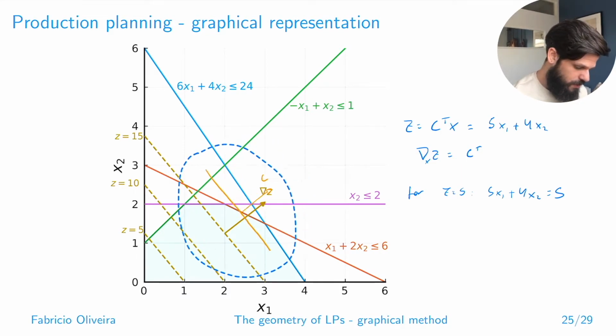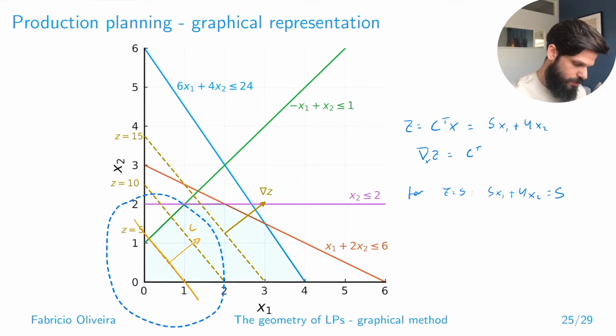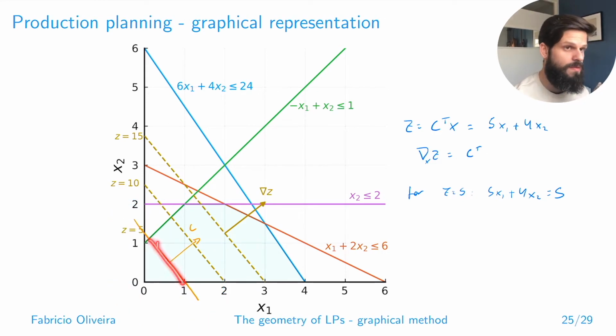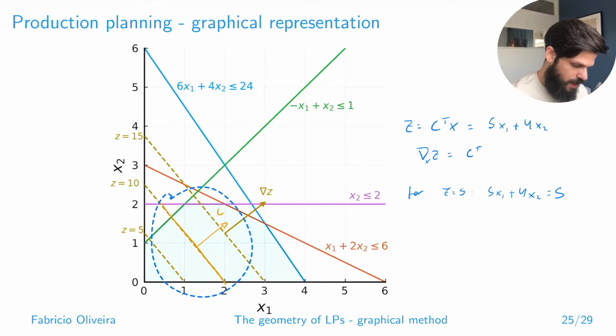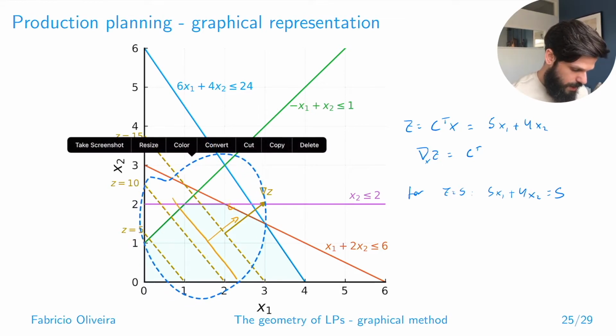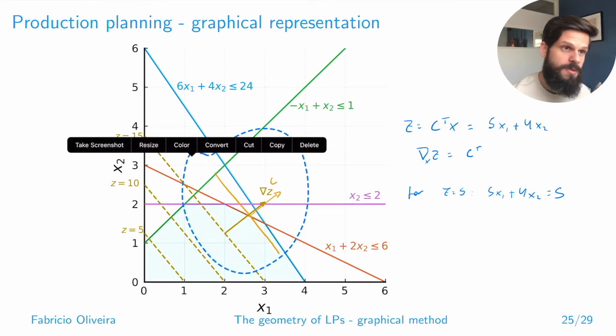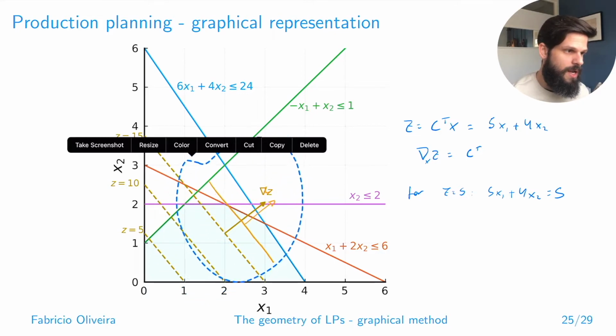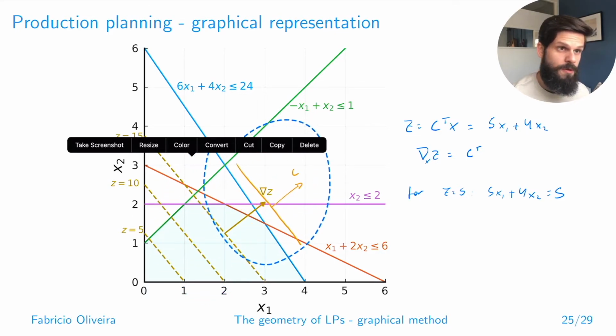When I'm here, every production plan that is below this curve gives me a profit of 5. When I move this to this point, every production plan gives me a profit of 10. So if I want to maximize, I'm looking at those production plans where I can take this as far out as possible. And you can see what is going to happen when I start to push this further out.